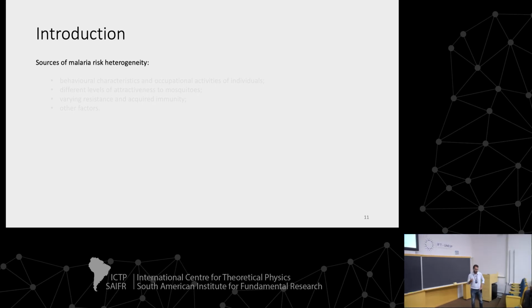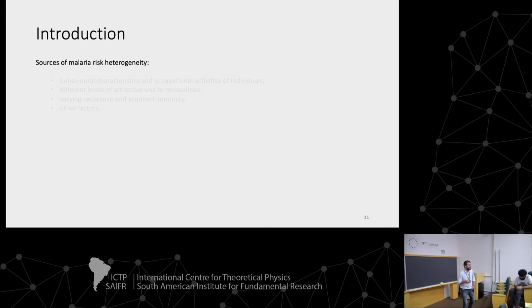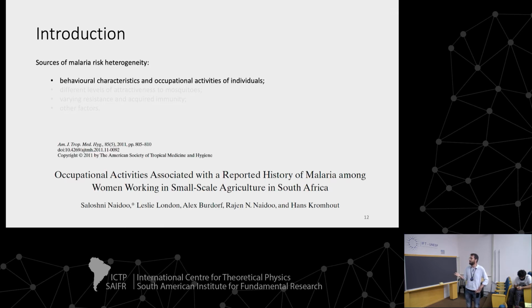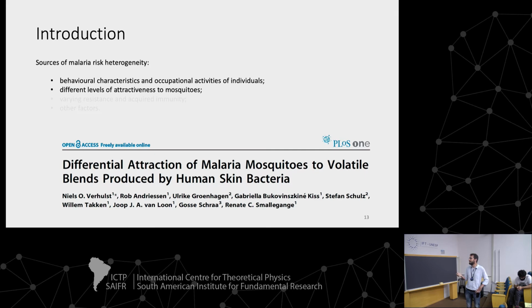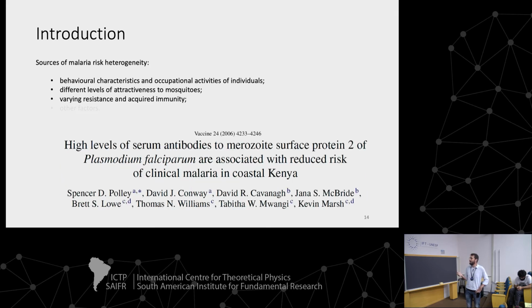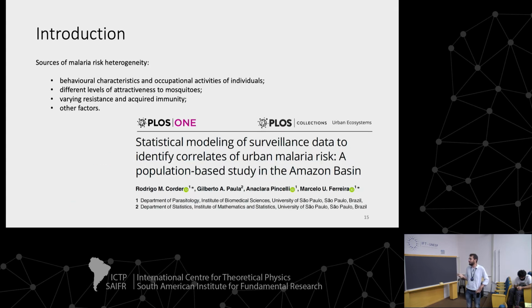So this heterogeneity is due to many different sources. For example, there are behavioral characteristics, different levels of attractiveness to mosquitoes, partial immunity, and other factors.